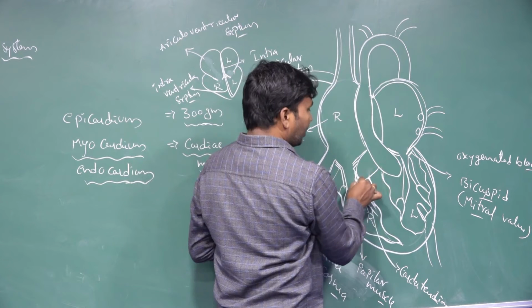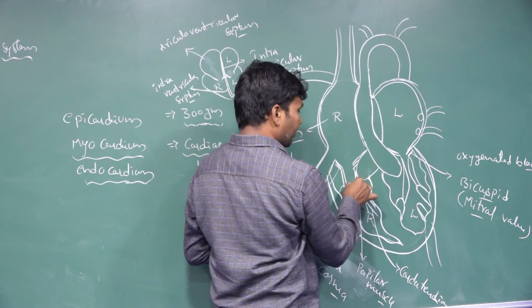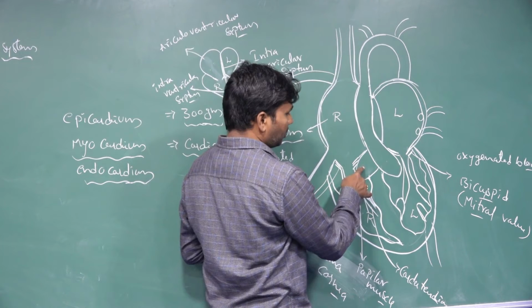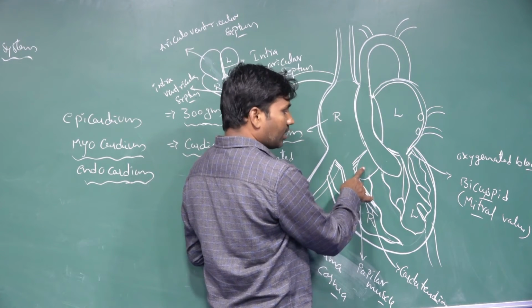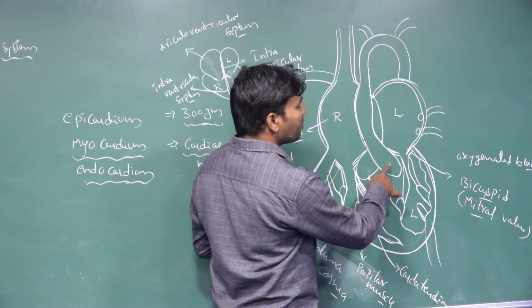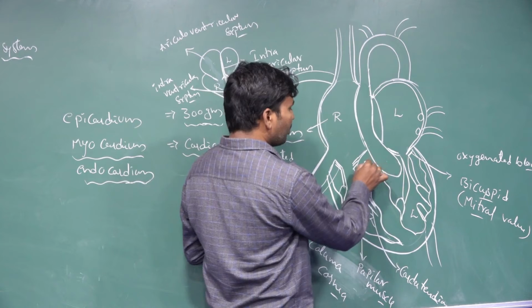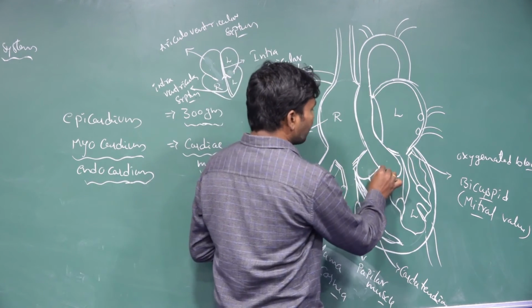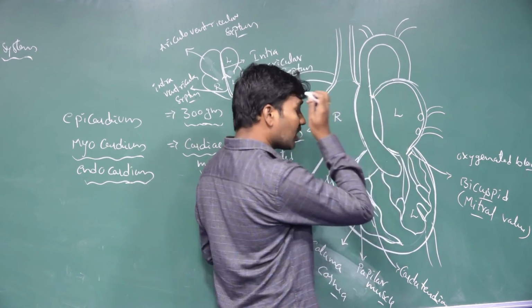The ventricles also open into two tubular structures: the pulmonary artery and the systemic artery. The pulmonary artery opens from the right ventricle, and the systemic artery opens from the left ventricle.